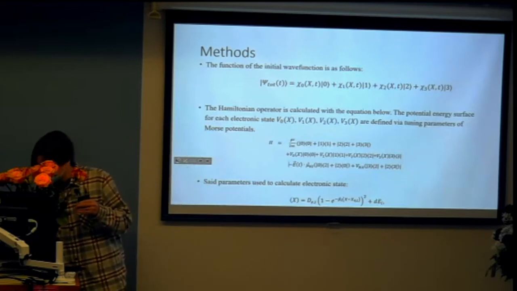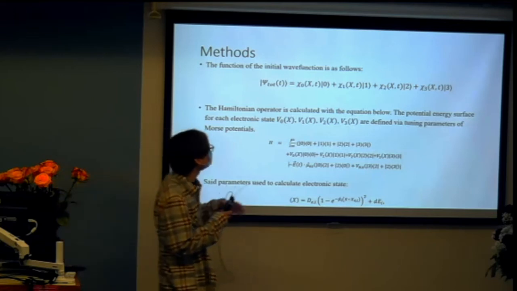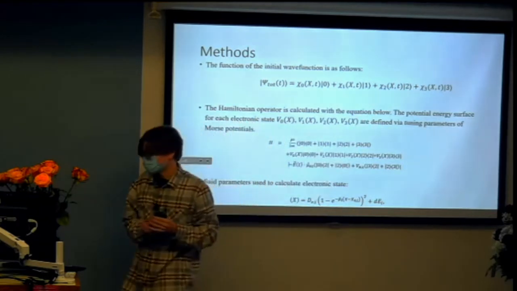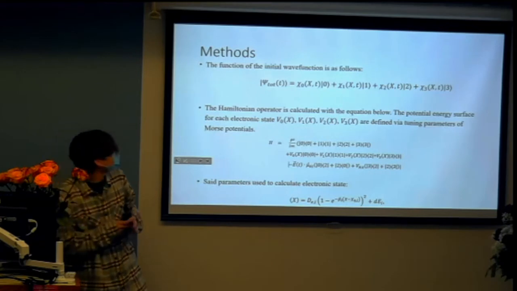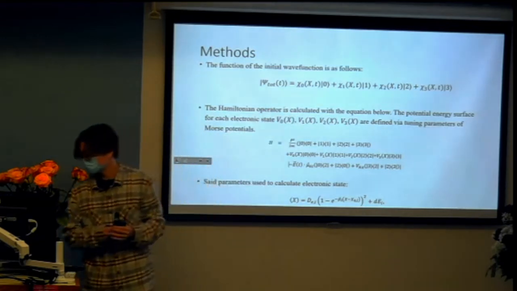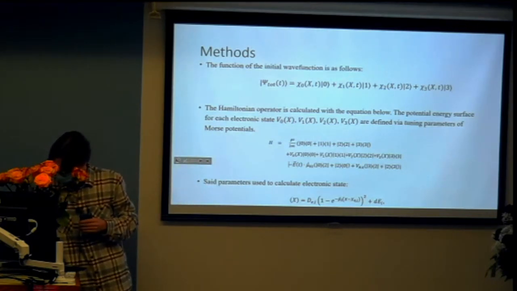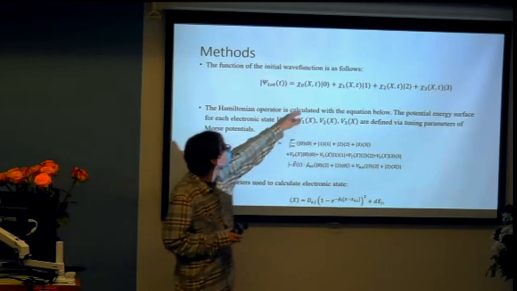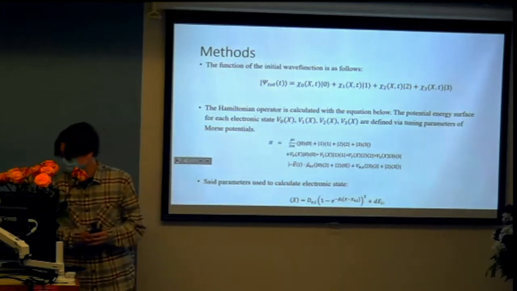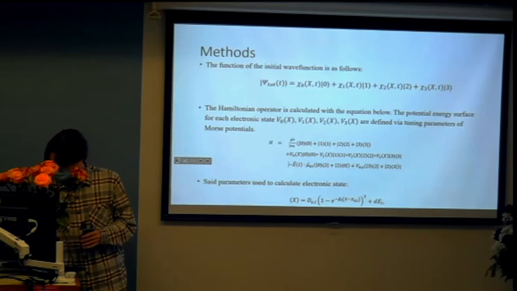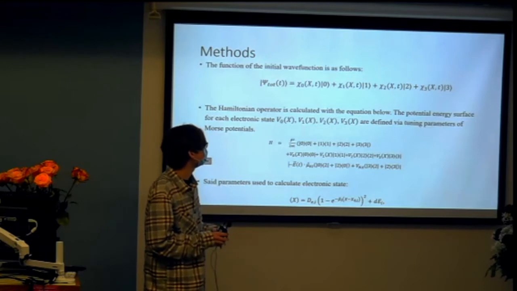It is the combination of electronic and nuclear wave functions, with this part representing the electronic portion and the X0, X1 representing the nuclear portion, with 0 being the ground state, 1 being the first excited state, 2 being the second, and so on. And X0, X1 represent the wave function for each state.